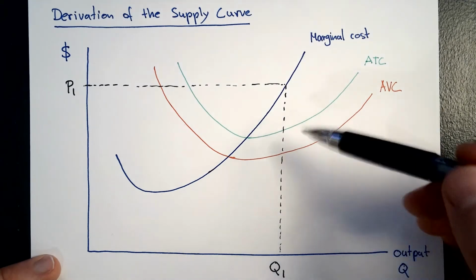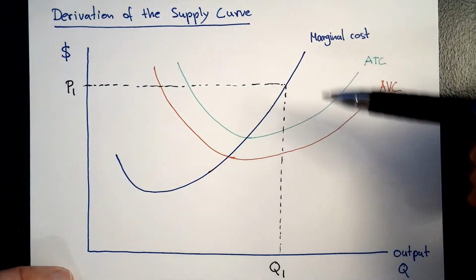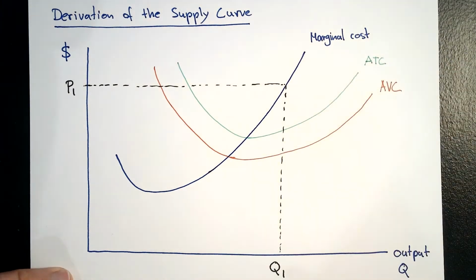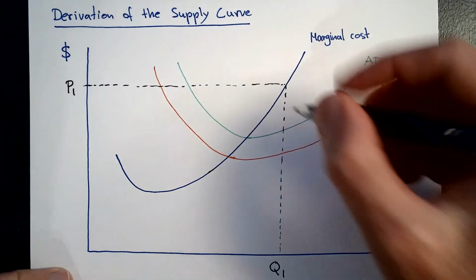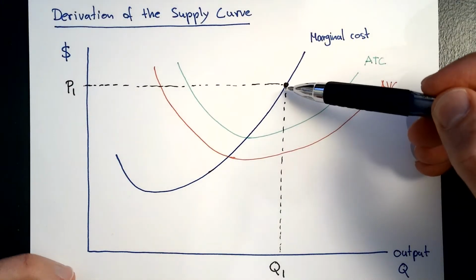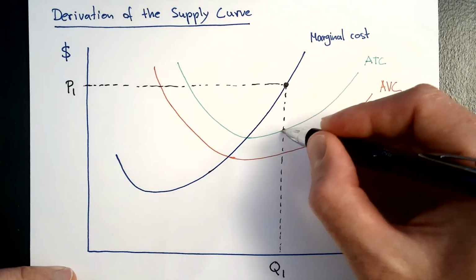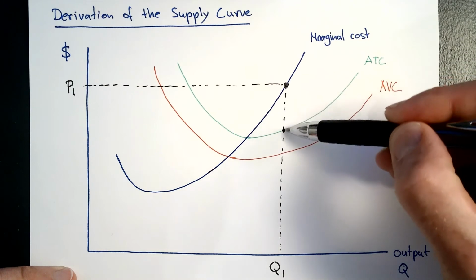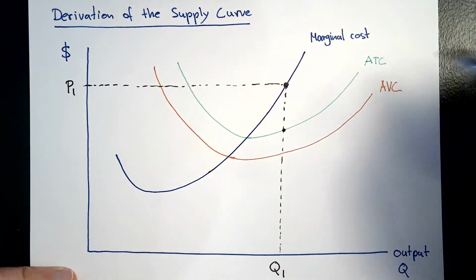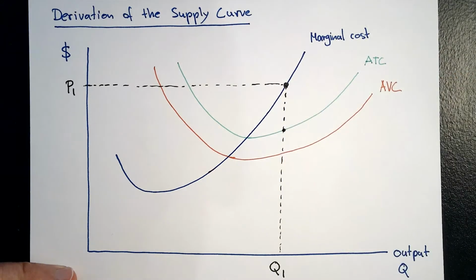Now, we said that in this case, the firm is making a profit. And we will get soon into this, but you can see that for the output quantity of Q1, the price is here at P1, but the average total cost is below. It's right here. So this difference, this distance, we will soon see is the per unit profit the firm makes.